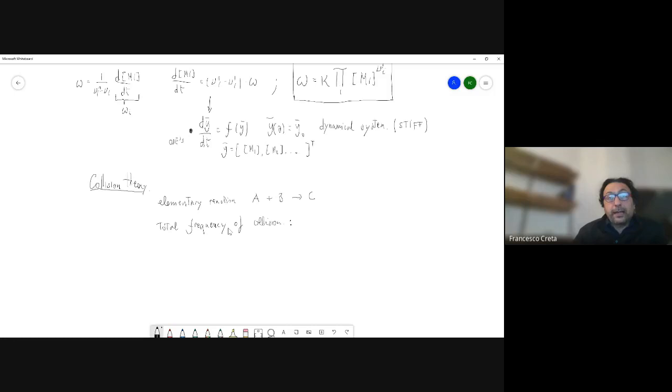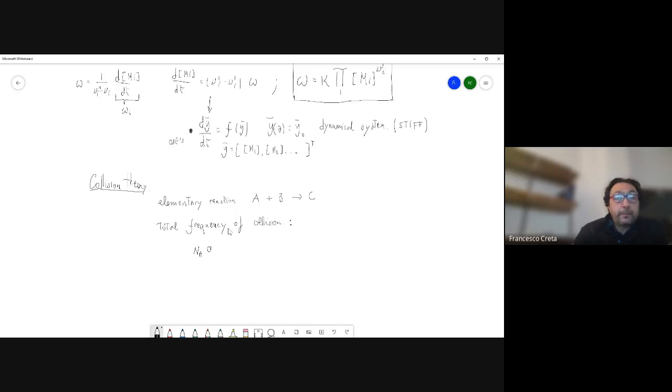So you can write down this total collision frequency here with an expression. I will just write it down, but you'll see that it makes perfect sense. Well, there are a bunch of constants. We'll start from the Avogadro's constant.